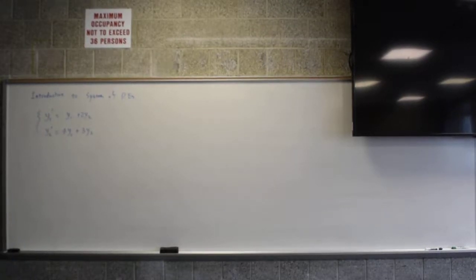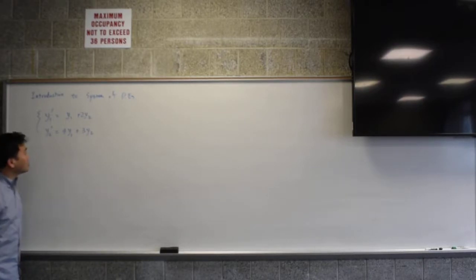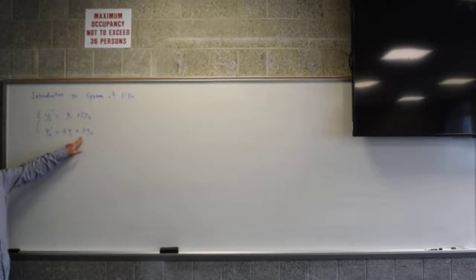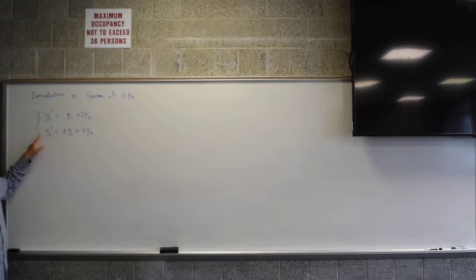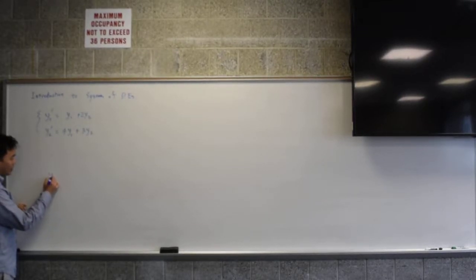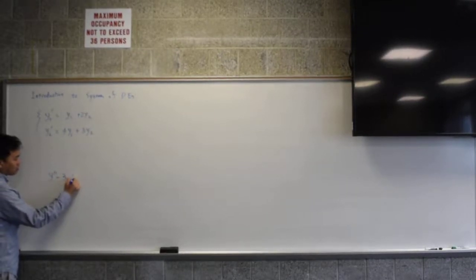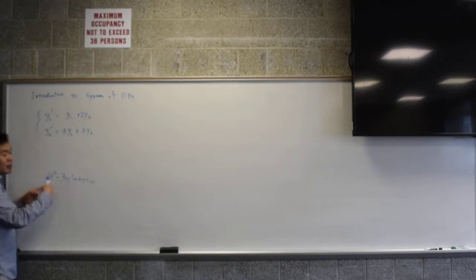My goal today is to explain how to solve this type of differential equation. You can think of this as constant coefficient homogeneous, because there's no function of x explicitly by itself. So it's a constant coefficient homogeneous first order differential equation. It's like y double prime minus 3y prime plus 2y equals 0.